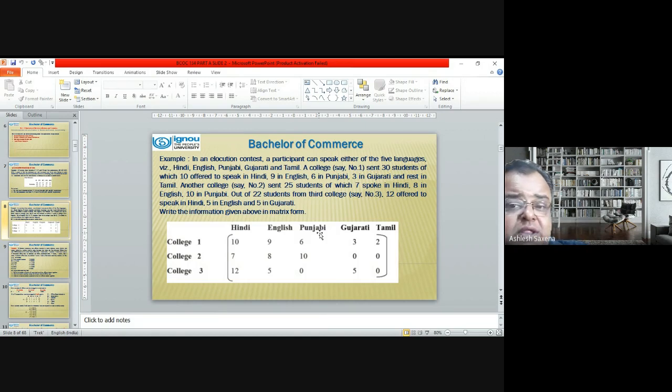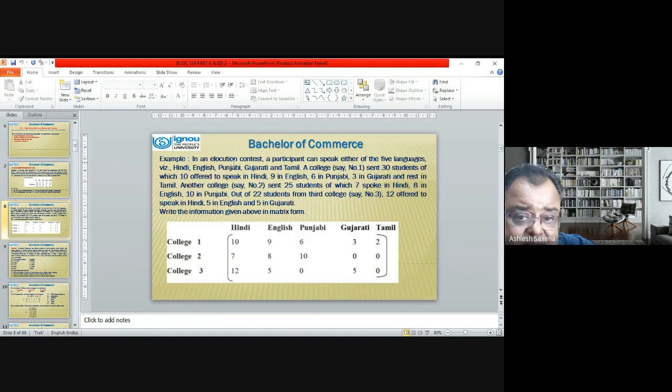We have three colleges, say college 1, 2, 3, and the respective data is given to us. College 1 sends 30 students, of which 10 offered to speak in Hindi. So we will start with college 1, Hindi. First of all, we will write three colleges over here and we will write five languages over here.